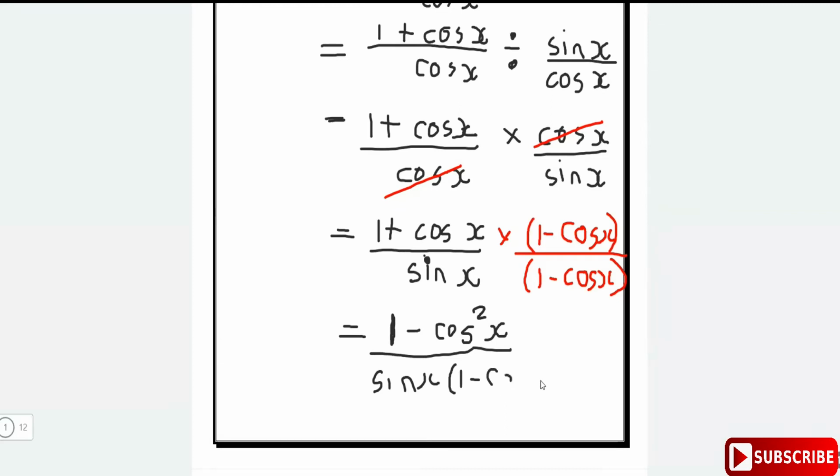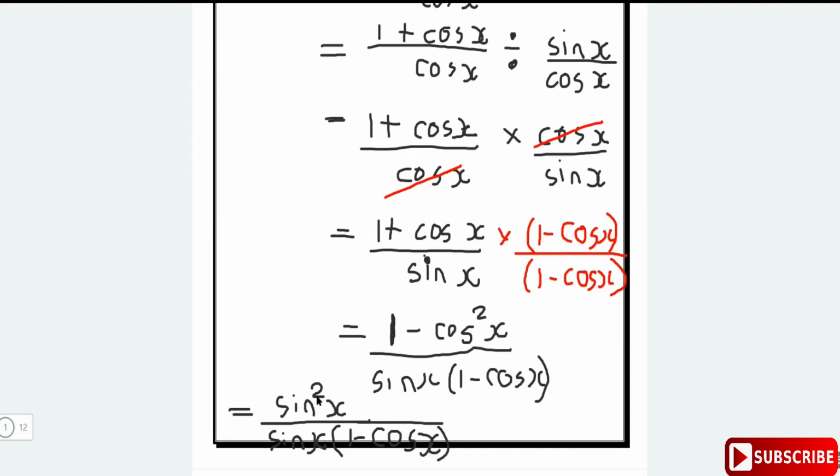So this is what we get. But guess what now? In this numerator, 1 minus cos squared x is sin squared x. So that's sin squared x over sin x times (1 - cos x). Now, because we have sin squared in the numerator, a sine will cancel out.